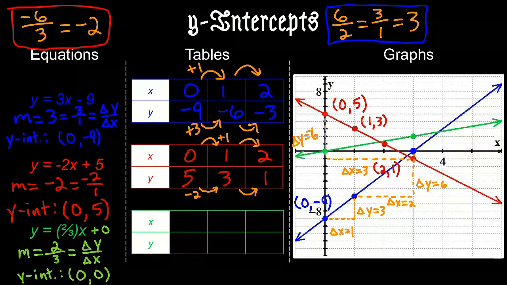Okay? So in our table, we can write (0, 0), and then we can use our slope. Our slope of 2/3, that's a change in y of 2, and a change in x of 3.